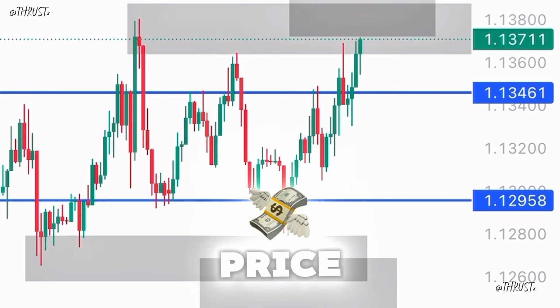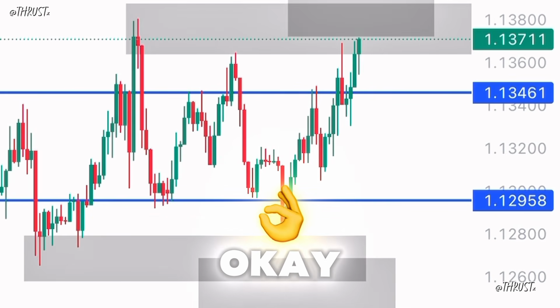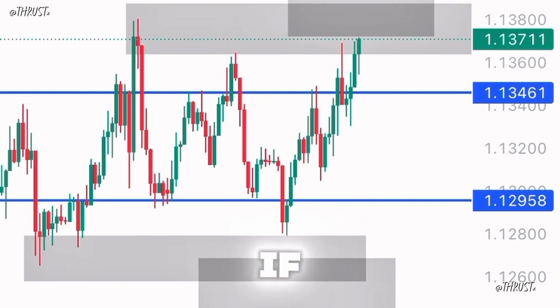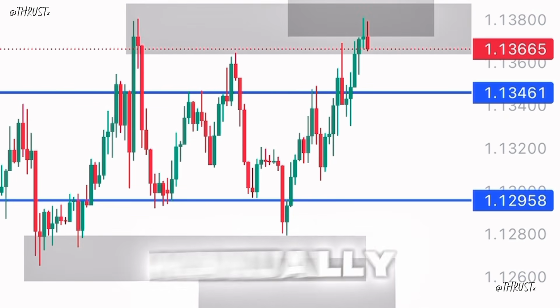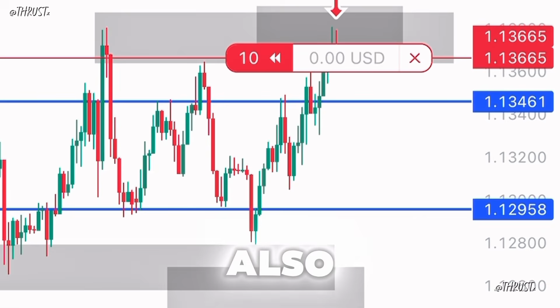When price is hit like this, it means your sell limits must be activated. They have to be activated, and if you haven't put any, you have to put them manually so that you can continue. When you have put them manually, you also have to TP manually.